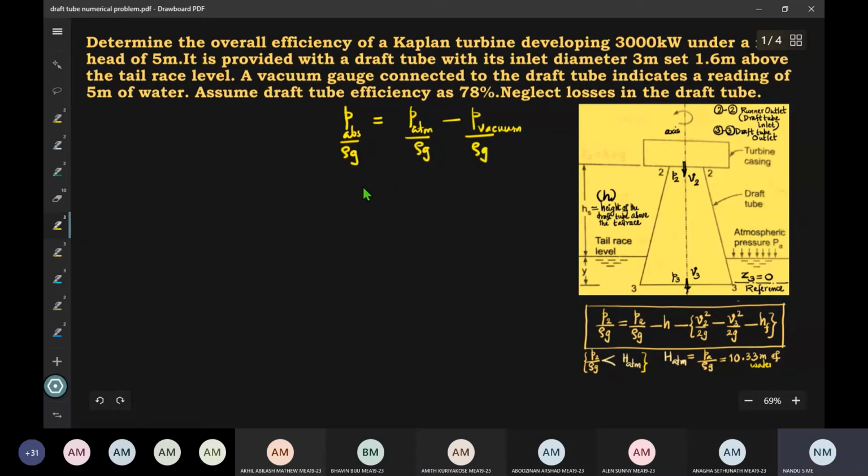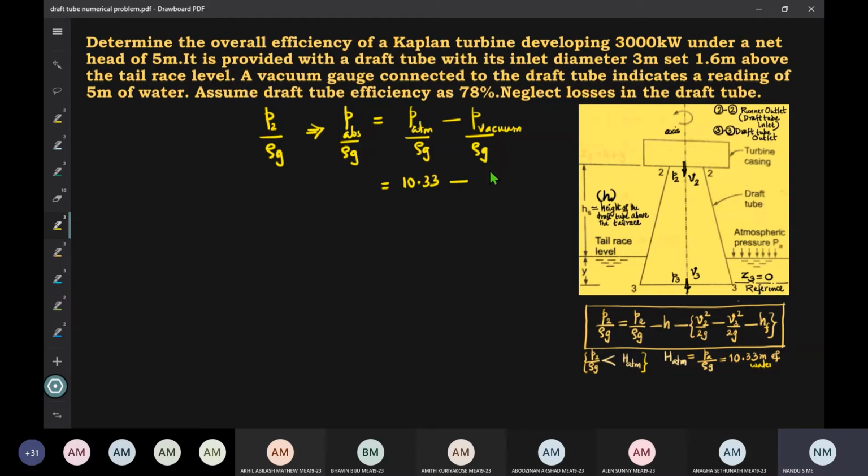So if you want to find the absolute pressure head prevailing, this is your P2 divided by rho g in absolute terms, that is PATM, which is 10.33 meters of water minus P vacuum divided by rho g, that is H vacuum.